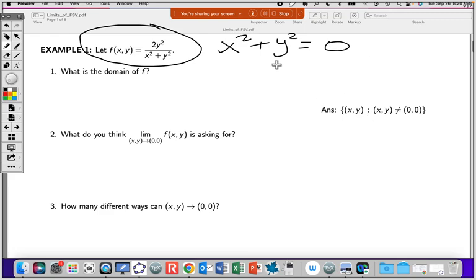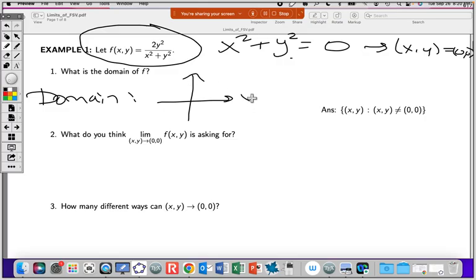And if you've got x squared plus y squared is 0, you can think of that loosely as a circle, quote unquote, centered at the origin with a radius of 0. This is only going to happen if both x and y are 0. So here's our domain. If we wanted to sketch it in the xy plane, we can certainly do that. Pretty much we're good everywhere except the origin.